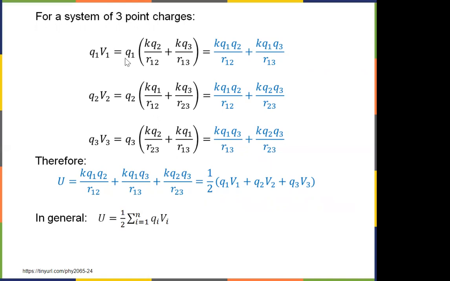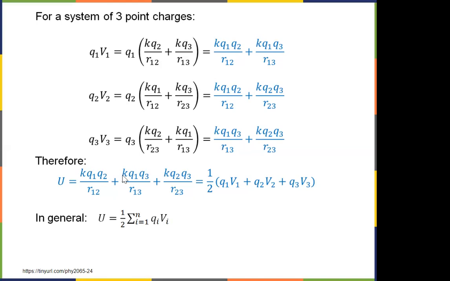That is equal to the potential by the other two charges: kQ2 over R12 and kQ3 over R13. So you have those two terms, kQ1Q2 over R12 plus kQ1Q3 over R13. Similarly, for the second charge you can write a similar expression, and for the third charge you get two terms as well.